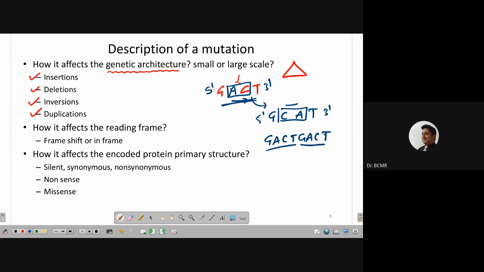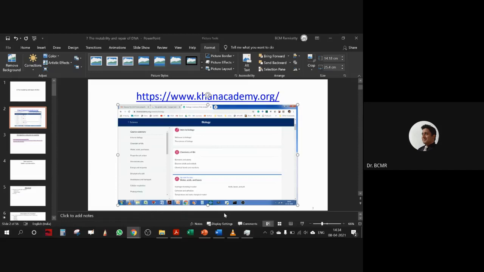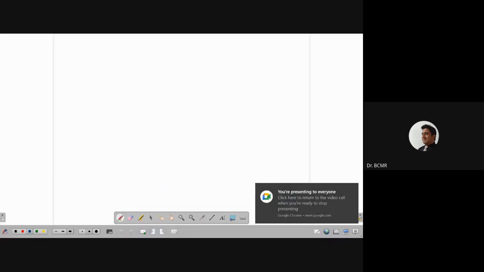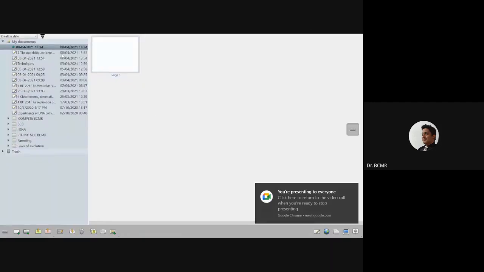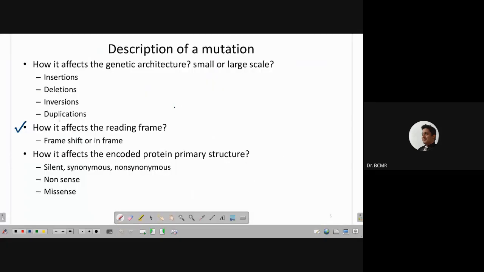What we are noticing here is a change in the sequence, at the level of DNA. But there are also other changes, which are about how it affects a reading frame. In the next slides I will describe what a reading frame is.